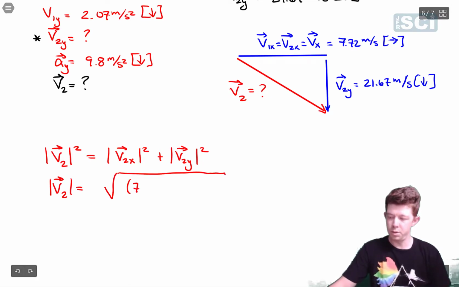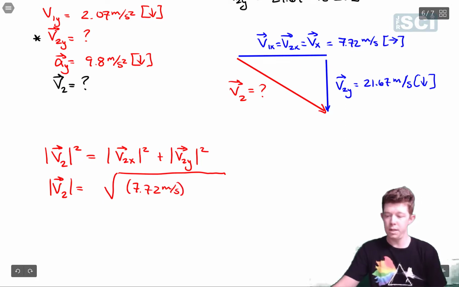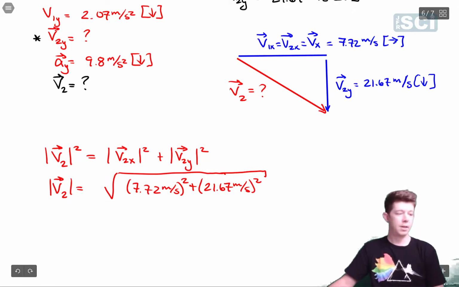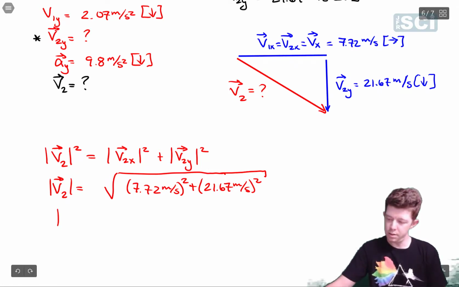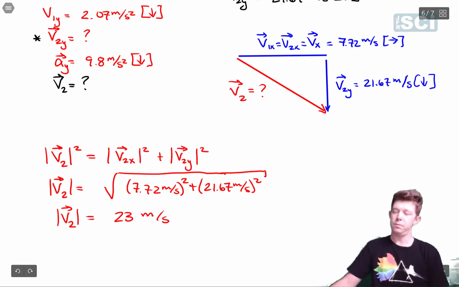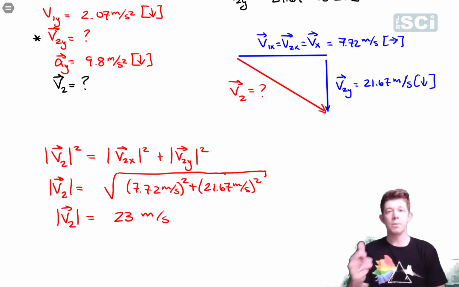So it's the square root of 7.72 meters a second squared, because that's my horizontal speed, plus the 21.67 meters a second squared. That's my vertical speed, and I'll extend that out. Taking the square root of that, you should find you get a value of 23 meters a second. So that gives me the speed.